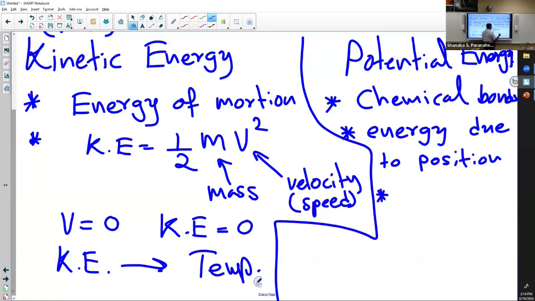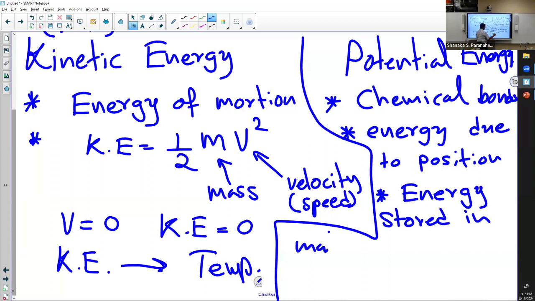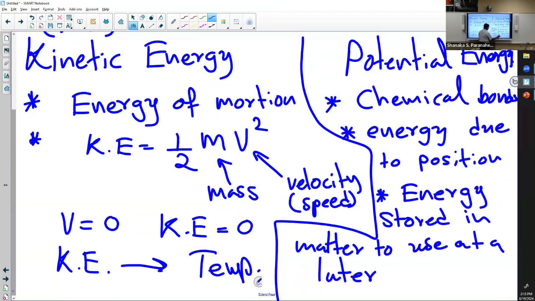Potential energy is basically energy stored in matter to be used at a later time. So there are various forms of potential energy.